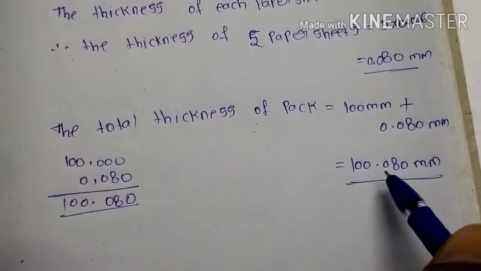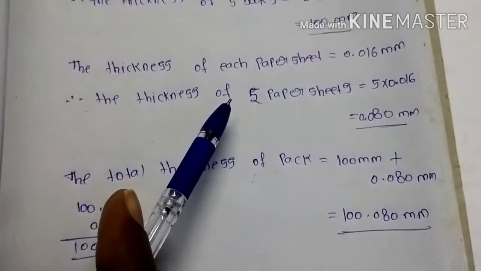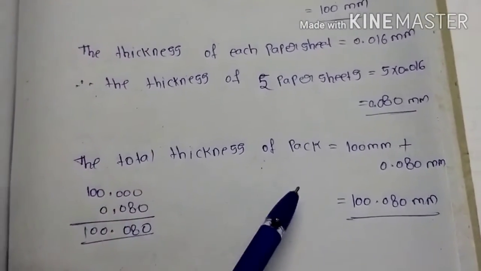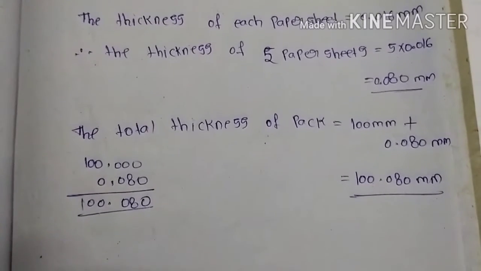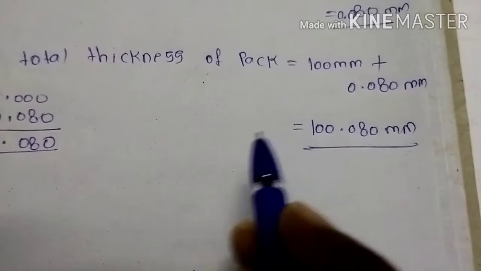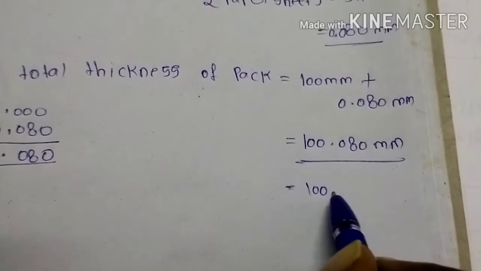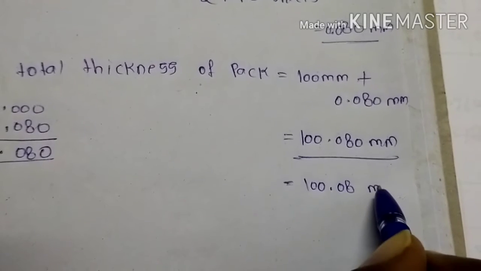This is your solution. You just need to find the individual books and paper sheets thickness, then add them. You will get the total thickness of the pack, 100.080 mm. That means you should write 100.08 mm.